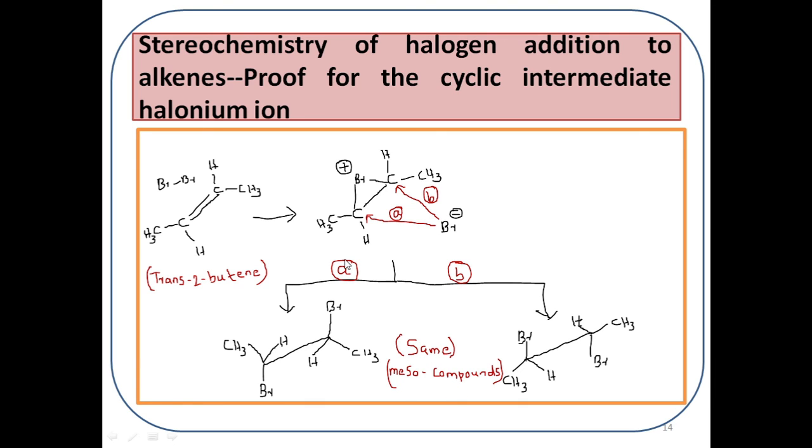This can be explained only by the involvement of a cyclic structure in a locked state, and this locked cyclic structure prevents free carbon-carbon rotation, and hence we can explain the stereochemistry of the addition reaction, and hence the proof for the cyclic intermediate halonium ion. Thank you.